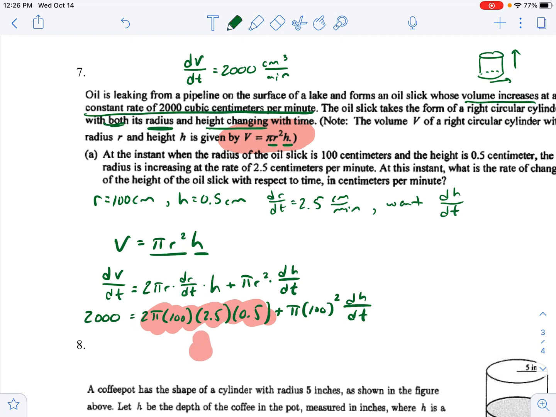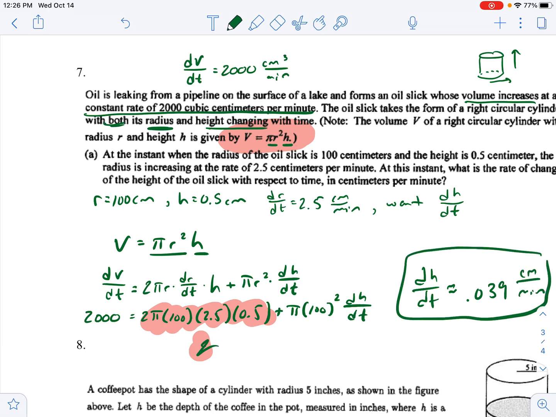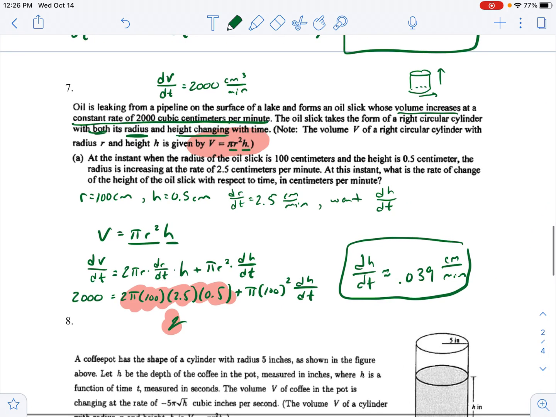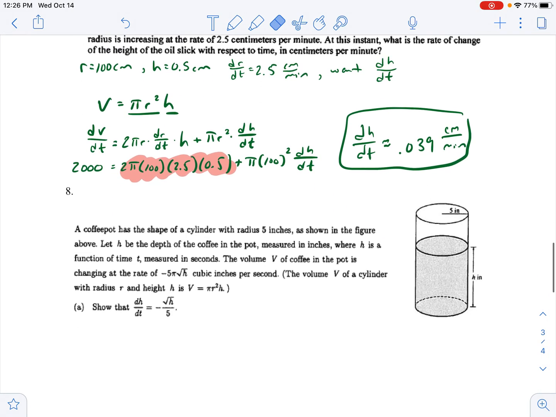And I am getting about 0.039 centimeters per minute for the change in height. The height is growing much more slowly than the radius is. It's spreading outward much more quickly than it's spreading up and downward. That's what that tells me. Okay, but there's your value.